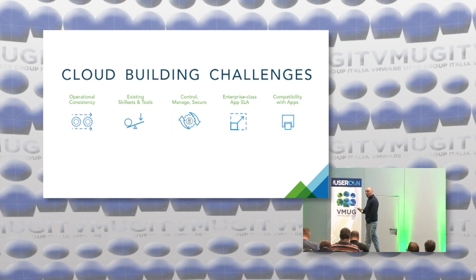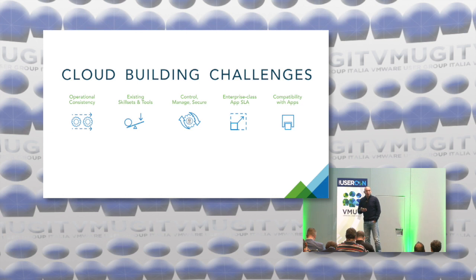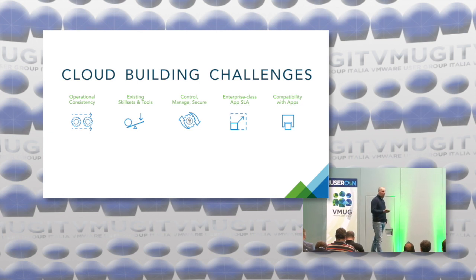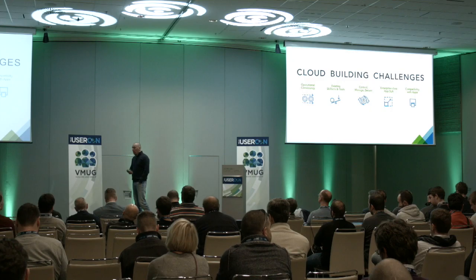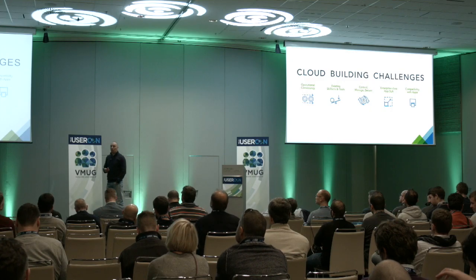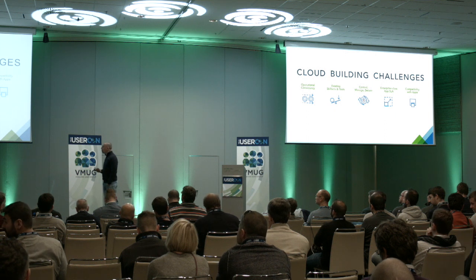It's a different format, right? So you have to change that. And because it's a different format, there's also different management software involved. Different management software means different operational procedures. That is a challenge for a lot of our customers, right?